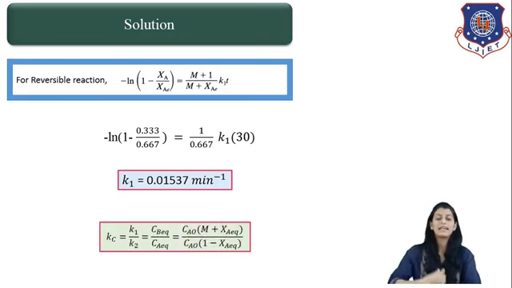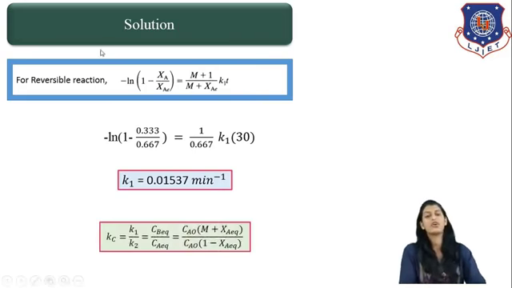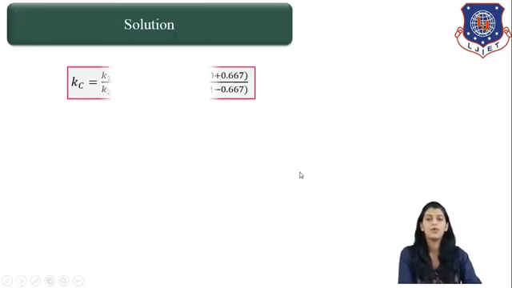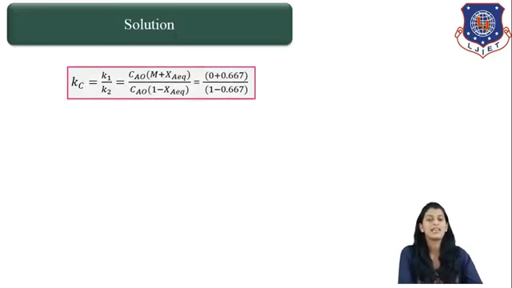For determining K2, we know that Kc equals K1 by K2, which is again equal to Cb equilibrium upon Ca equilibrium, the concentration of B at equilibrium condition upon the concentration of A at equilibrium condition. Simplifying this term, we get this particular value. Now, substituting values here, we know M is 0. Why?